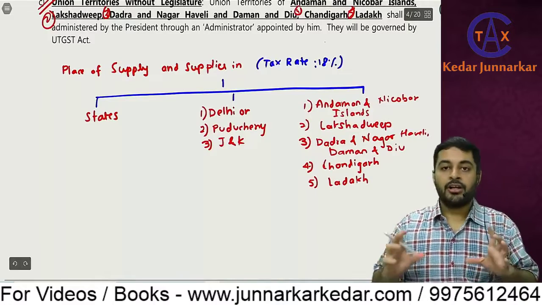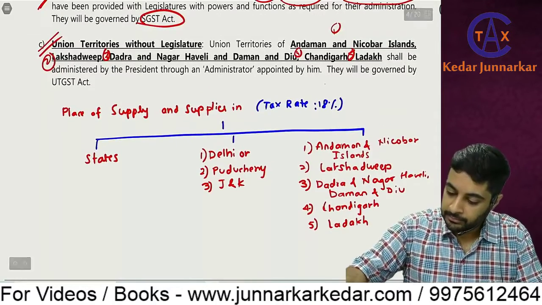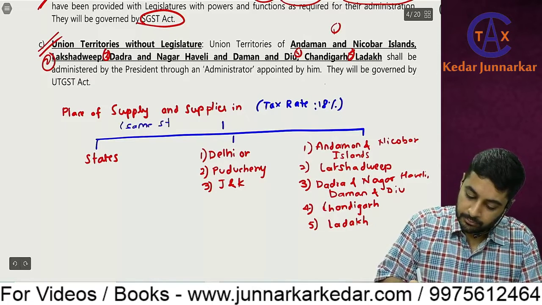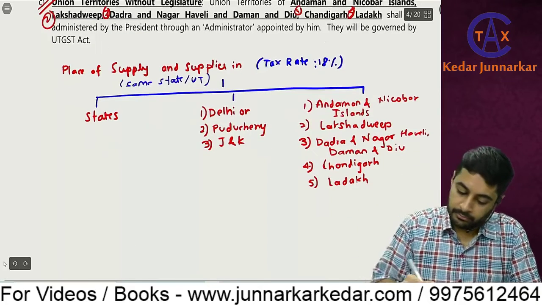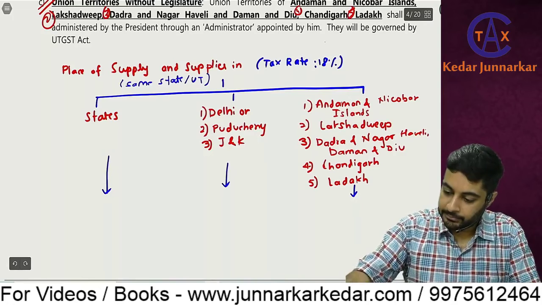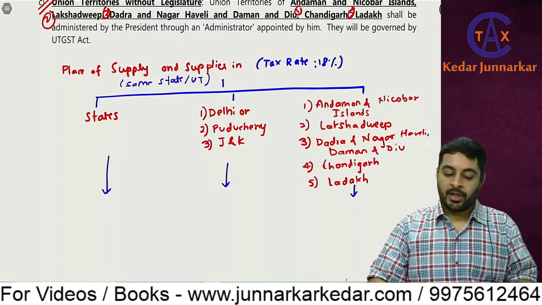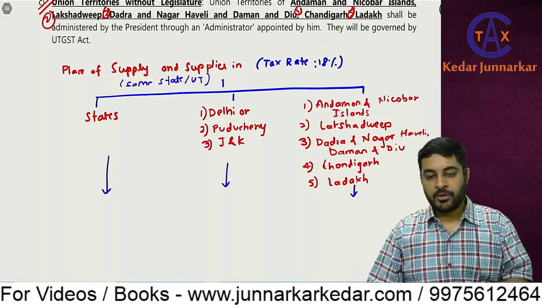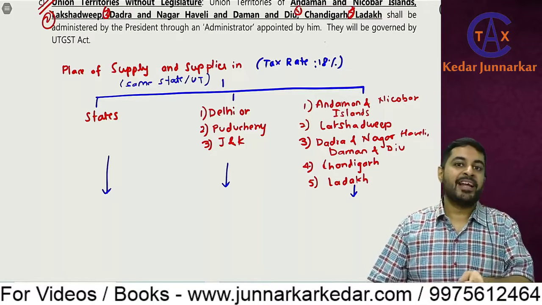Means the supplier and place of supply should be in the same state or same union territory. So if it is in states, then which tax will be levied? Total tax rate is 18%, then 9% CGST plus 9% SGST.